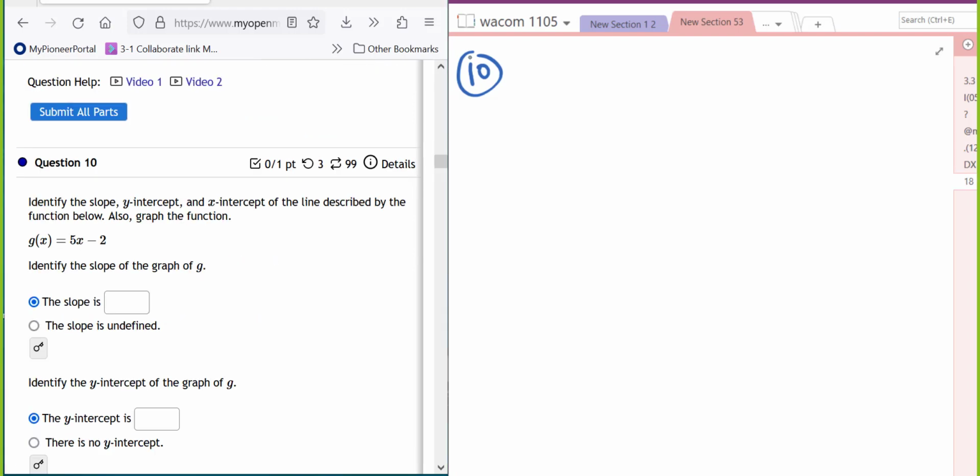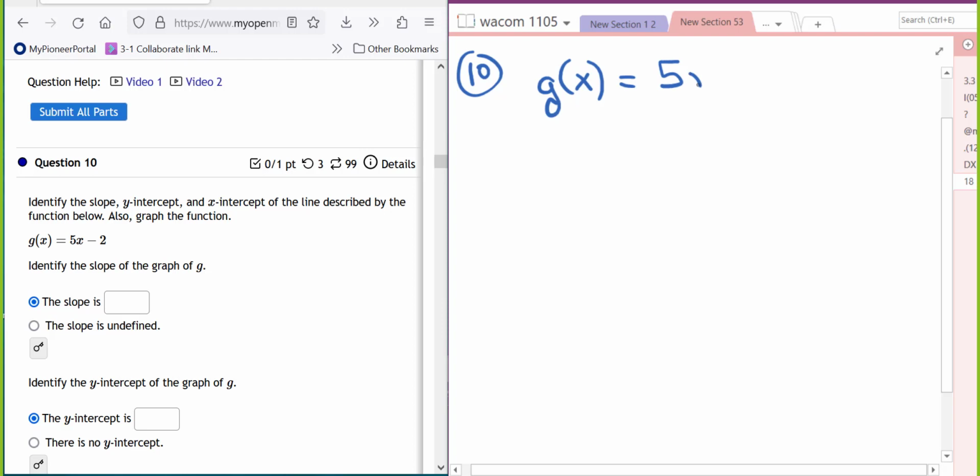So they're giving us a function. And remember that f of x or g of x, whatever they have here, this is really just y if you get stuck. They have just put it in function notation. And at the end on some of these, they want you to go back to function notation.